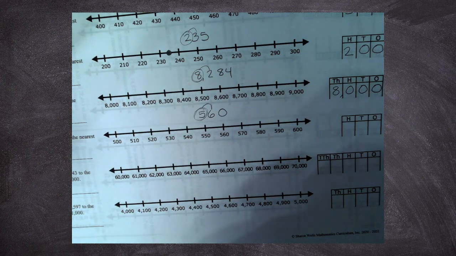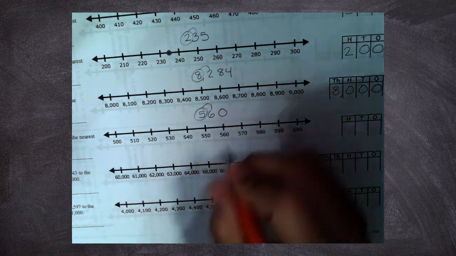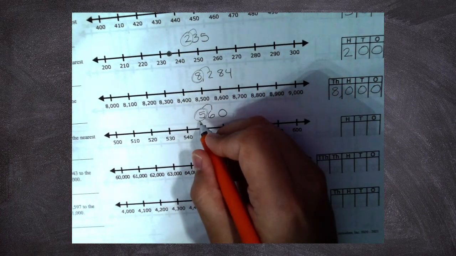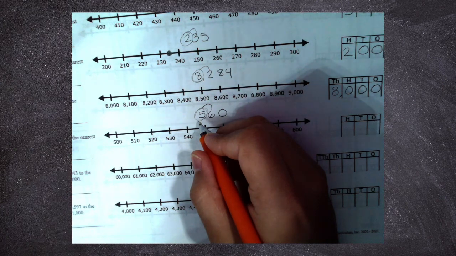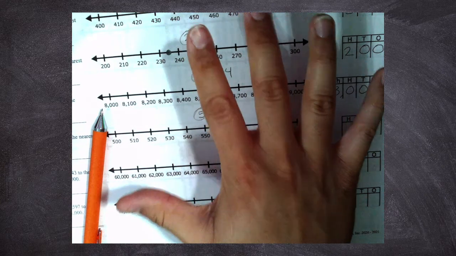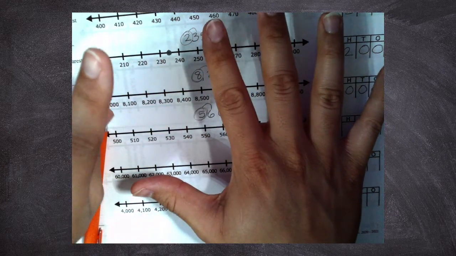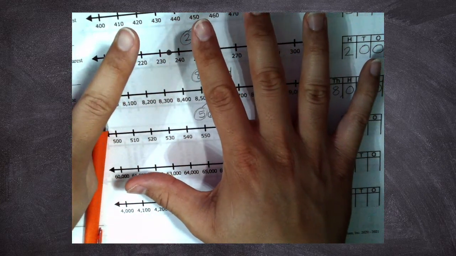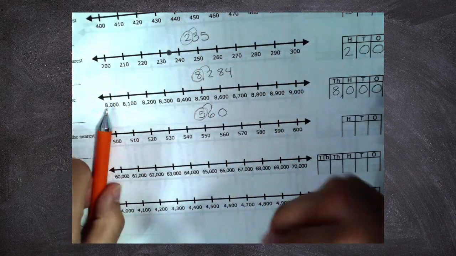Noah, what am I going to do? Up. Go up. So, Noah, if I had a 5 and I go up one more, what is it going to be? 6.